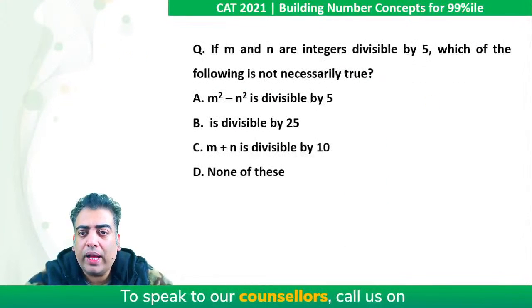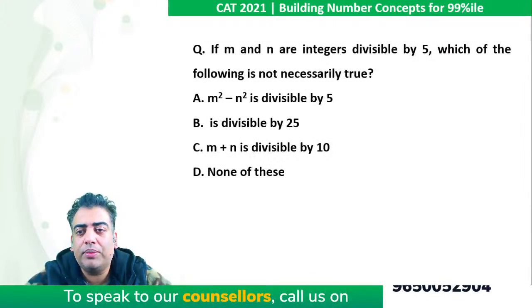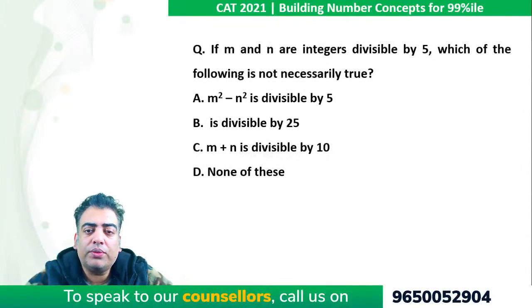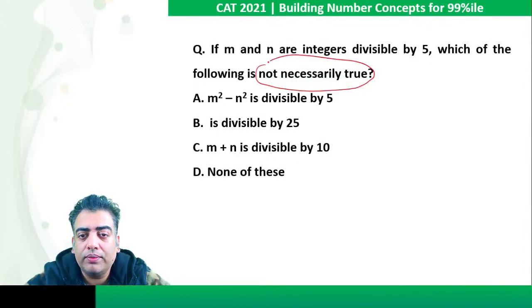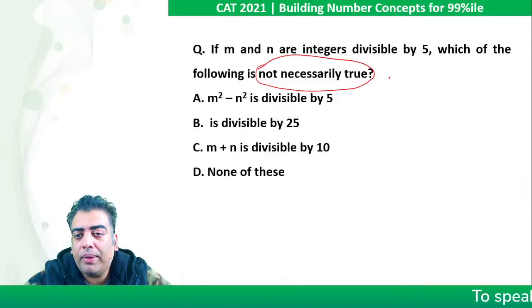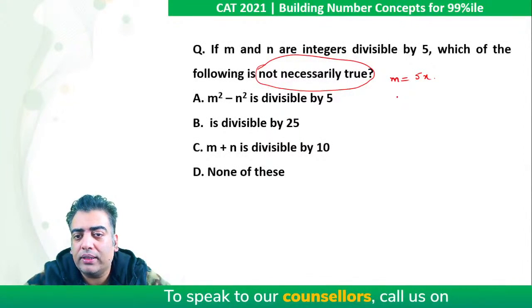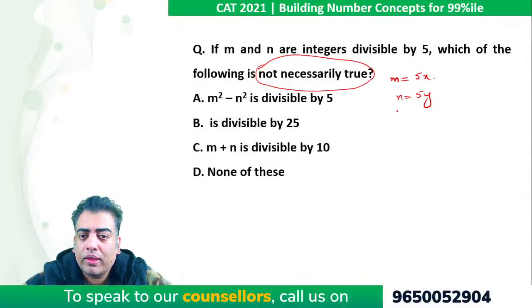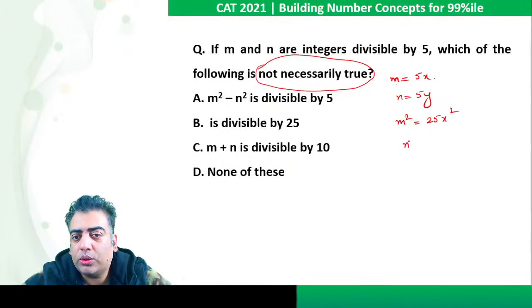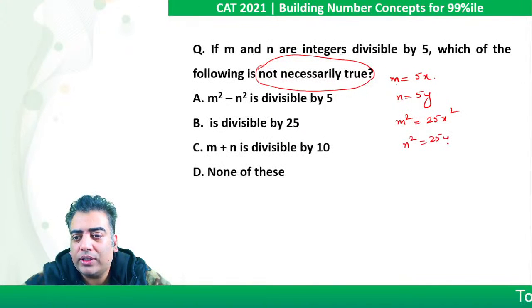Here it says, if m and n are integers divisible by 5, which of the following is not necessarily true? Please keep in mind, not necessarily true. So if m and n are multiples of 5, m is 5x, n is 5y. So m square comes out to be 25x square and n square comes out to be 25y square.